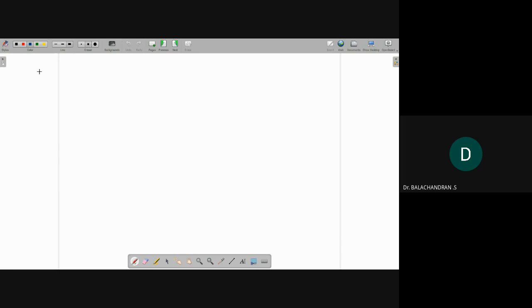First problem. Find the moment of inertia. I'll write short form MI.